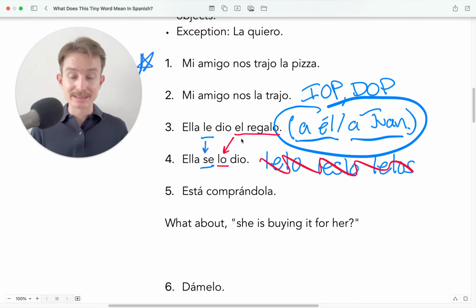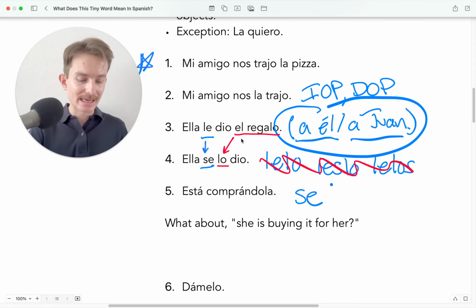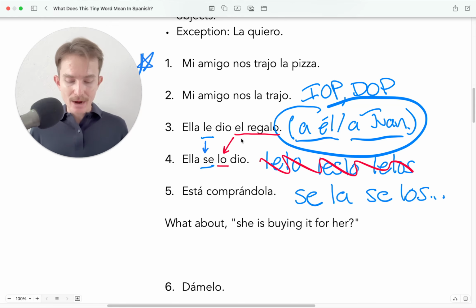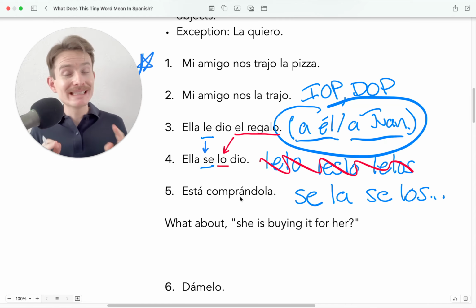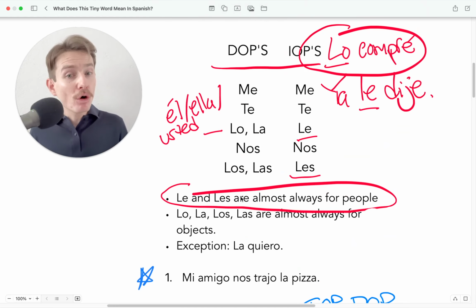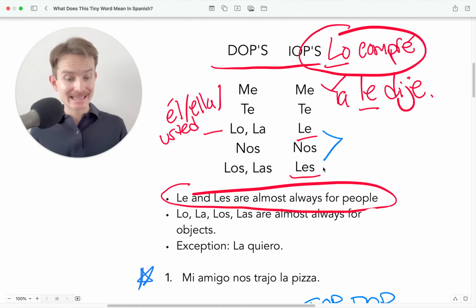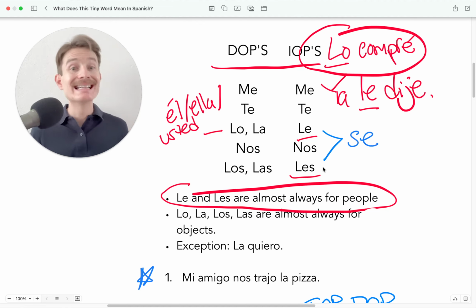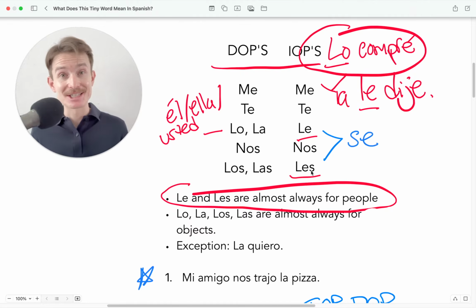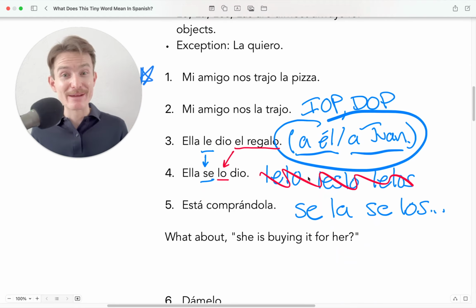So I could say selo, I could say sela, I could say selos, for example. Now, this gets confusing because se is now representing not only le, but it also can represent les. So this is quite tricky. So now le and les can be represented by se. Oh my gosh, I know it's a lot of information, so no worry if it's tricky. Take your time.